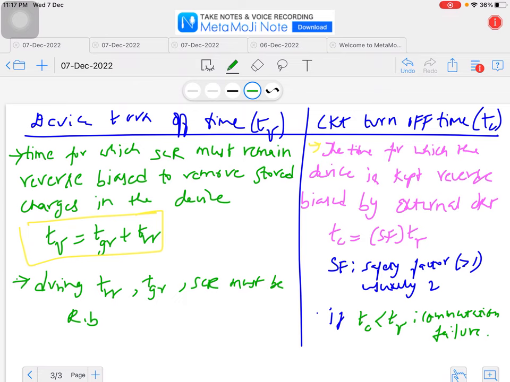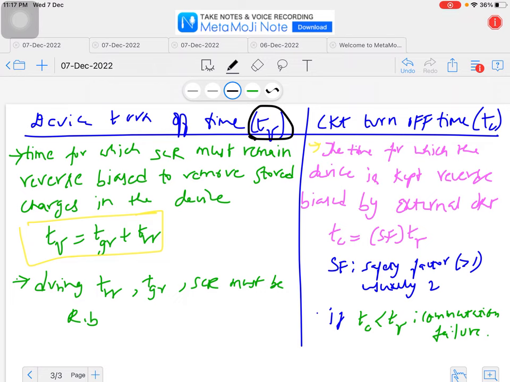What is TQ and TC? There's a difference between the device turn off time and the circuit turn off time. The time for which the SCR must remain in the reverse biased condition in order to remove the stored charges in the device is called TQ. That is, TQ is the device turn off time.